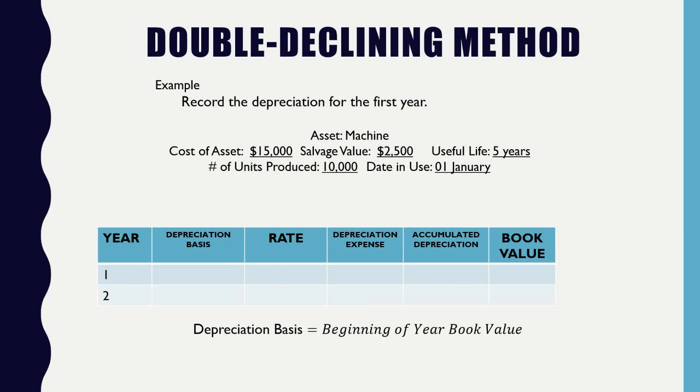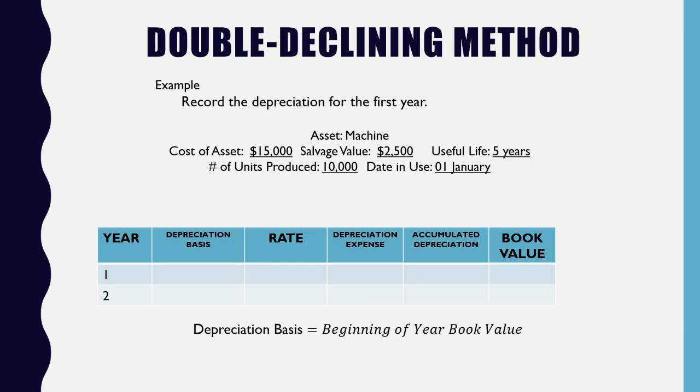Its estimated useful life is 5 years. The number of units that it can produce is 10,000 units, and the date that you place it into service is January 1st. So we have our key components. In this case, we don't need to focus on the number of units that it can produce. We need to focus on the estimated useful life.